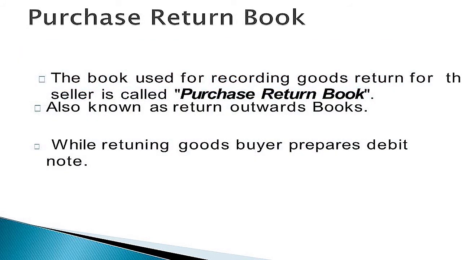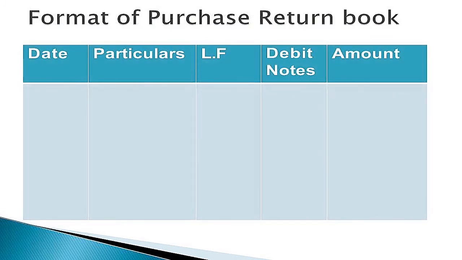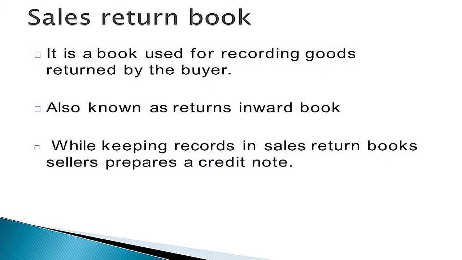So purchase return book is maintained to record the returns outwards or debit note particulars that is used for entering the purchase returns. Same format as purchases. And coming to the sales return book, it is called returns inwards.